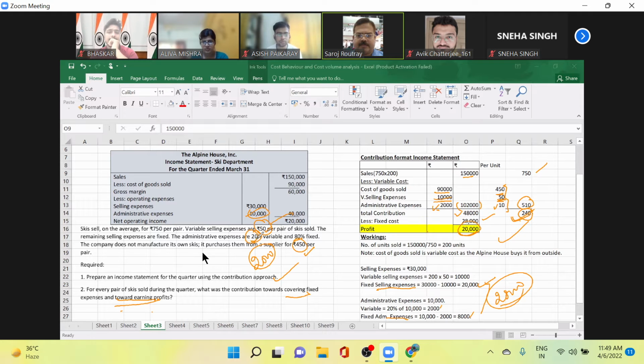Similarly, 20% variable expenses, 20% is 2,000. That 2,000 is for 200 units, so per unit it is 10. So we took 10 here, right? If you want to find out contribution, you have to deduct all variable expenses, whether manufacturing or non-manufacturing, it doesn't matter. If it is variable, it is to be deducted. Okay, sir.